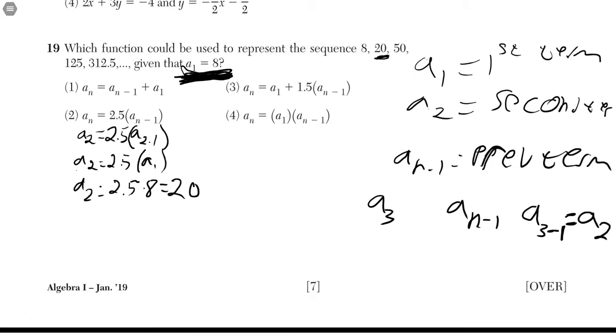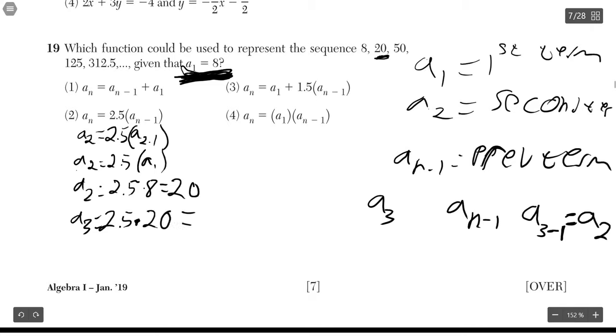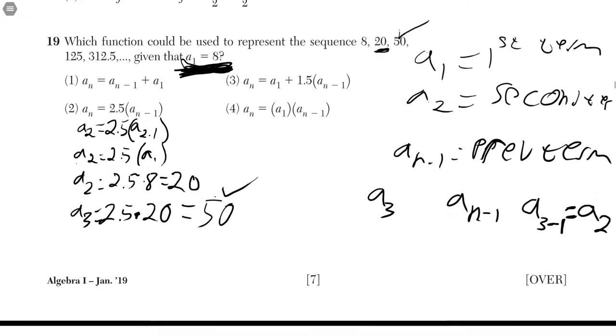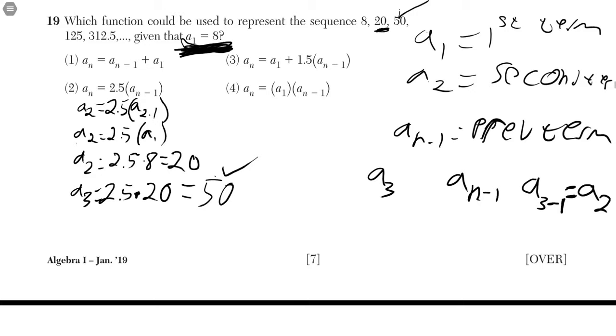The next is going to be a sub 3, which is 2.5 times the previous term, a sub 2, which is 20. 2.5 times 20 comes out to 50. So that works, right? And yeah, that should be good enough. Well, you should really try each choice, try choices 3 and 4 to make sure those don't work. If those work, then you made a mistake somewhere and you have to double check your work.